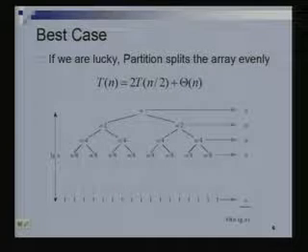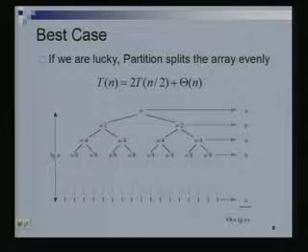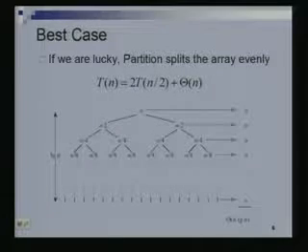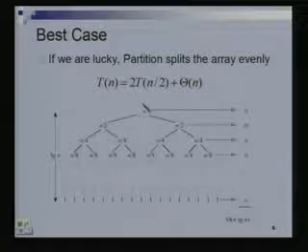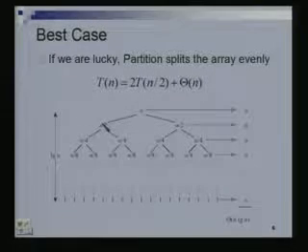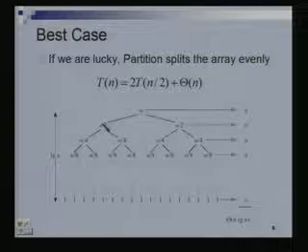So suppose the following was happening, that at every point we were dividing the array up into two equal halves. I started off with n elements, and I picked the pivot somehow, or lucky I was, or whatever it was, such that it was the median, let's say, which means that half the elements were less, half were more, so half the elements ended up in the left part and half in the right part.